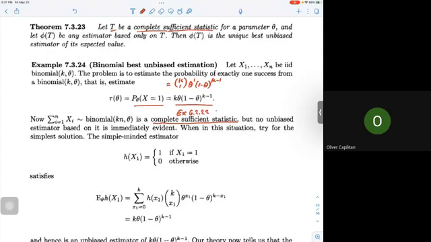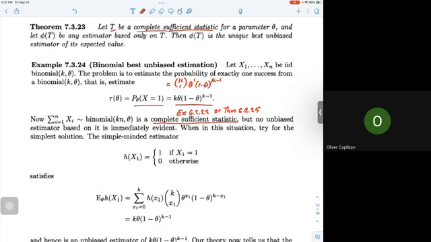Or you can use theorem 6.2.25. In this case, the binomial distribution belongs to the exponential family. Pwede natin ma-express niyan. Okay, an exponential family. And using theorem 6.2.25, you can show that this summation of x sub i here is a complete sufficient statistic.